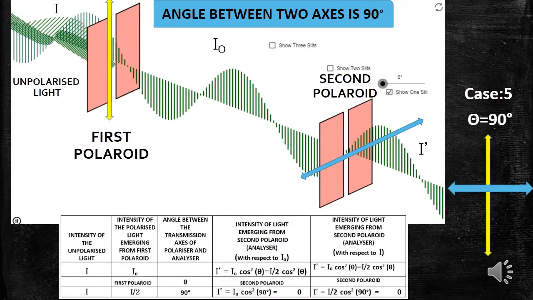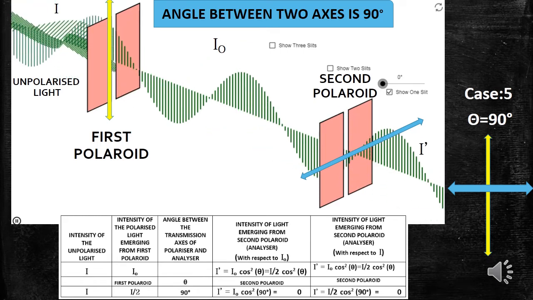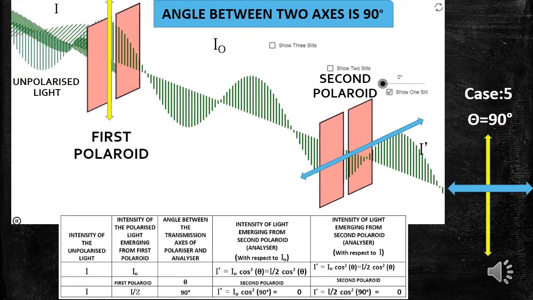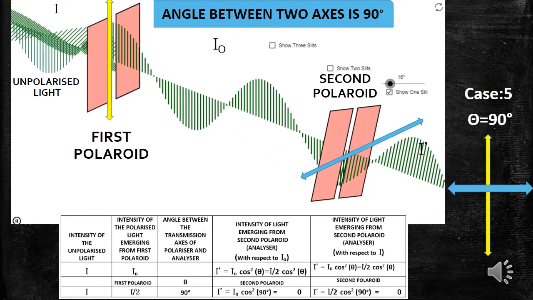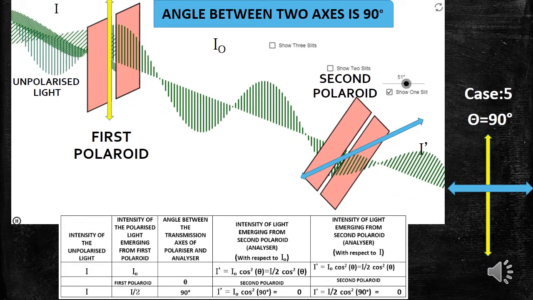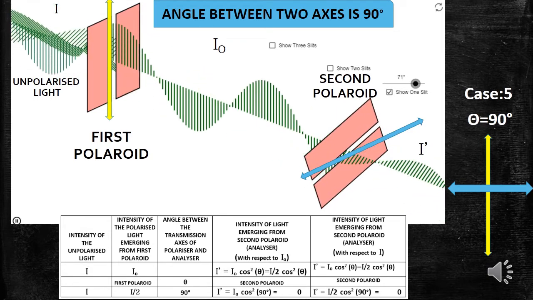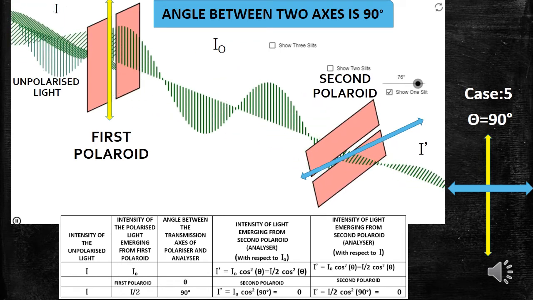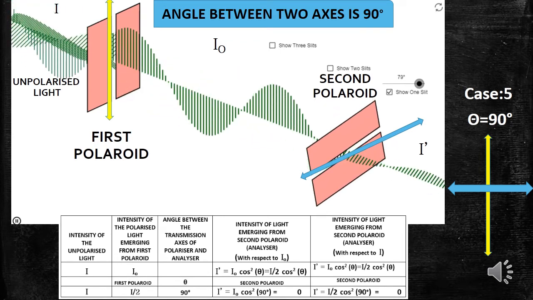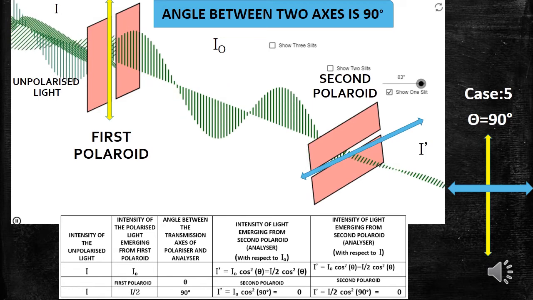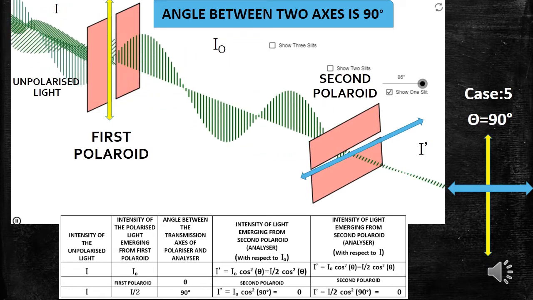Now I am going to turn the second Polaroid through an angle of 90 degree. Just to observe what happens, slowly I am turning the second Polaroid through an angle of 90 degree. Now the transmission axes of the first Polaroid and second Polaroid both become perpendicular, and the angle between the two transmission axes becomes 90 degree.